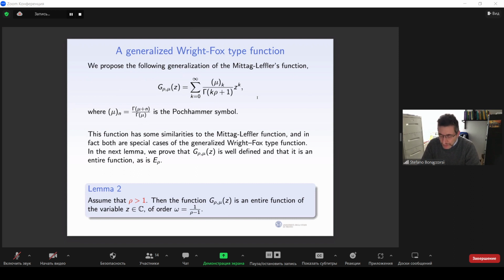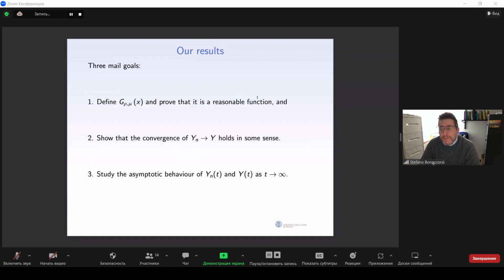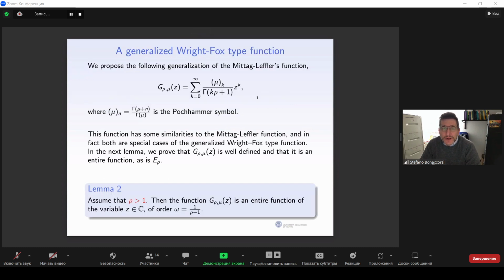In order to proceed with our plan of work, we start with defining this function G rho mu. This function is one kind of generalized Wright-Fox type function.